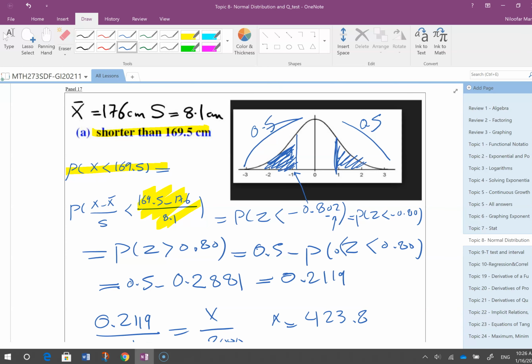So half minus this yellow part is the answer, and the yellow part is coming from the table. The yellow part is here, and here, and here, and then I have the answer. So I try to reach a standard normal distribution, easy for that part, but then I have to reach something from 0 to positive. Then I can find the answer.